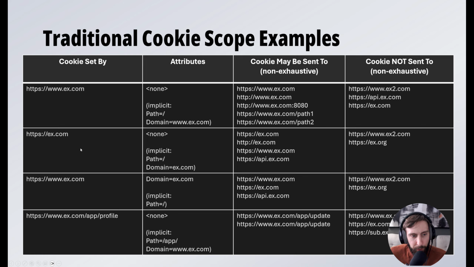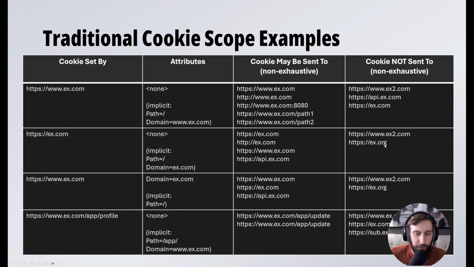Looking at the second example, again, this one's simplified by removing that www. Again, we don't have any attributes specified, and so the scope of this cookie is a little bit different. In this case, it will be sent to the root over a secure connection, over an insecure connection. It will be sent to both of these subdomains, www and API.